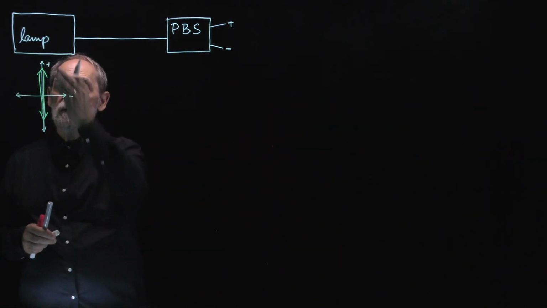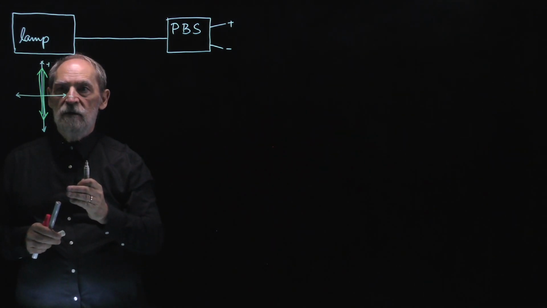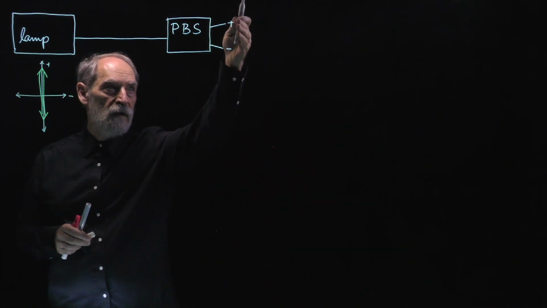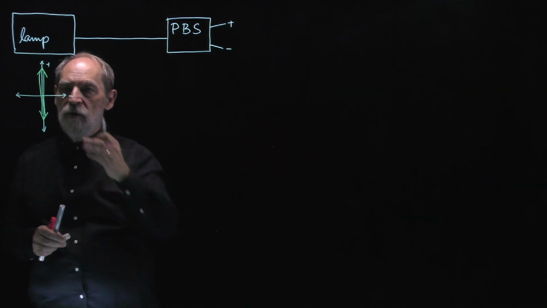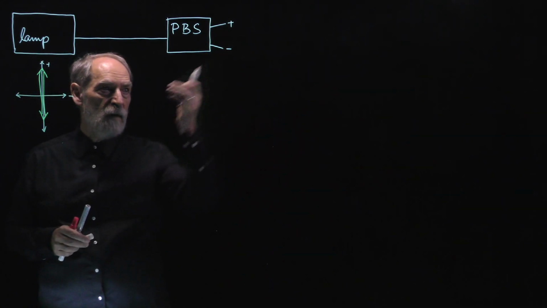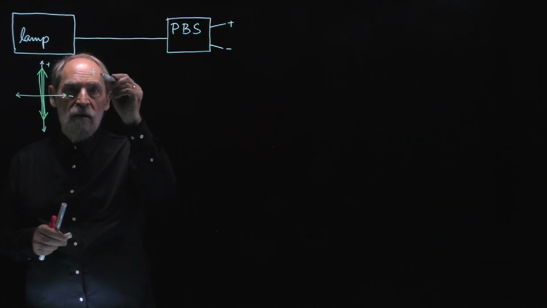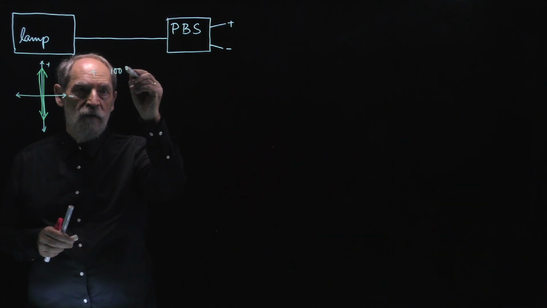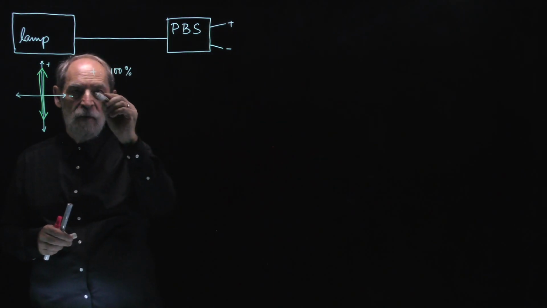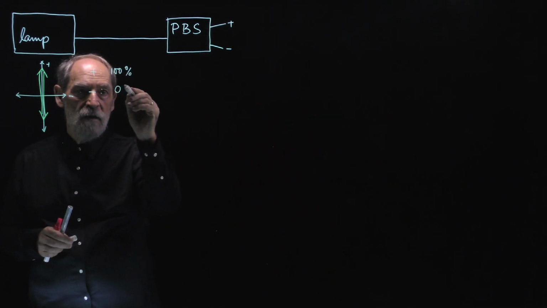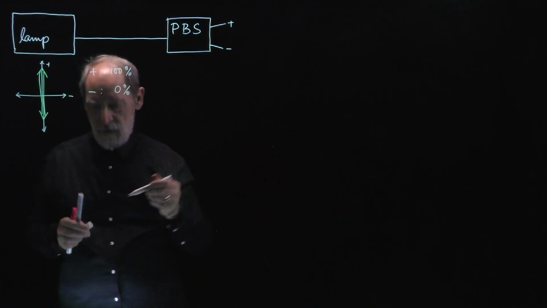Now, since the lamp emits the vertically polarized light, and the vertically polarized light goes to the plus output port, horizontally polarized light would go to the minus output port of the polarizing beam splitter. If that's the situation, then we get 100% of the intensity at the plus side and no intensity at all at the minus side.